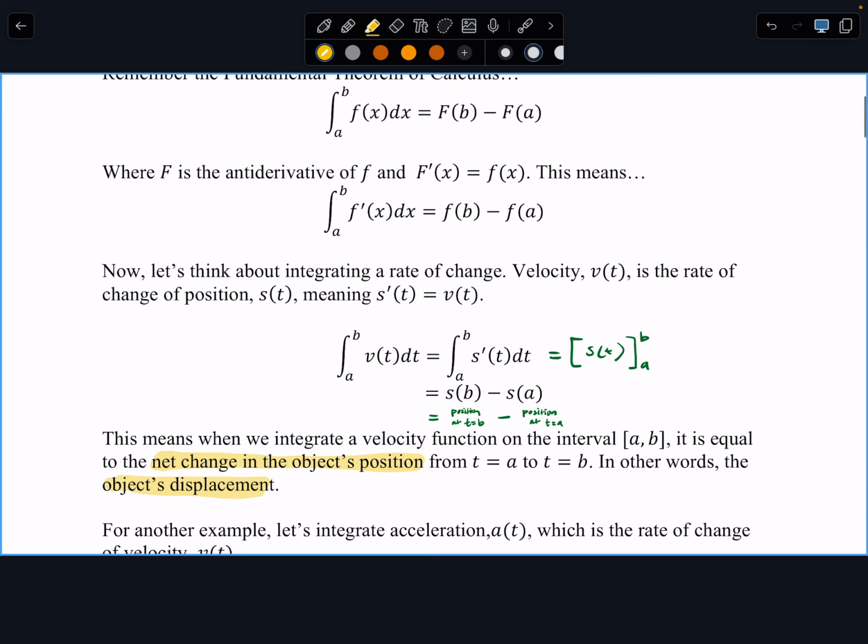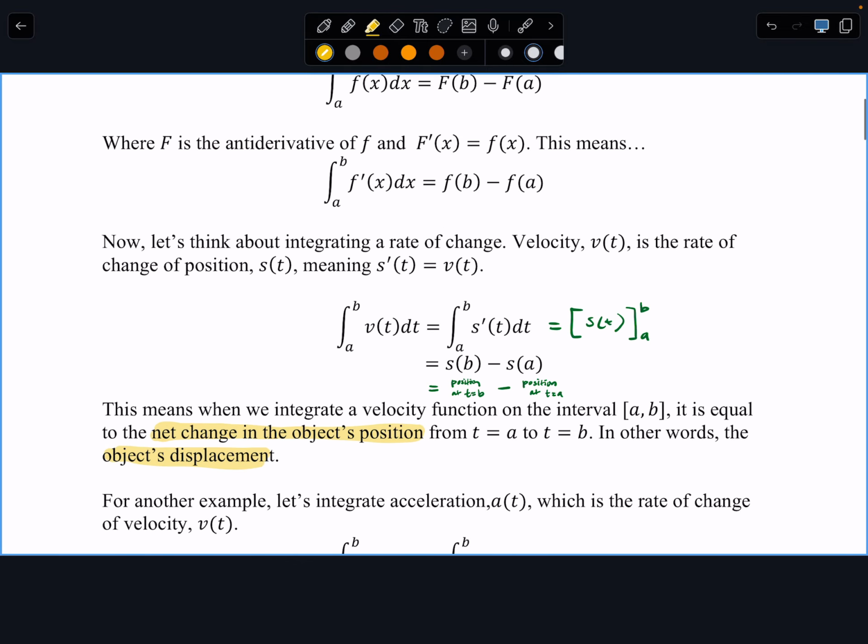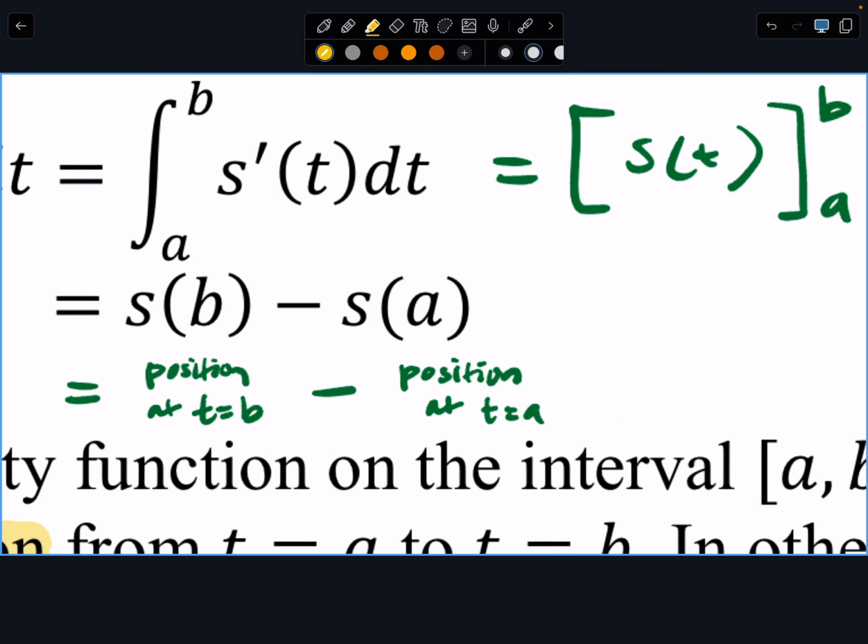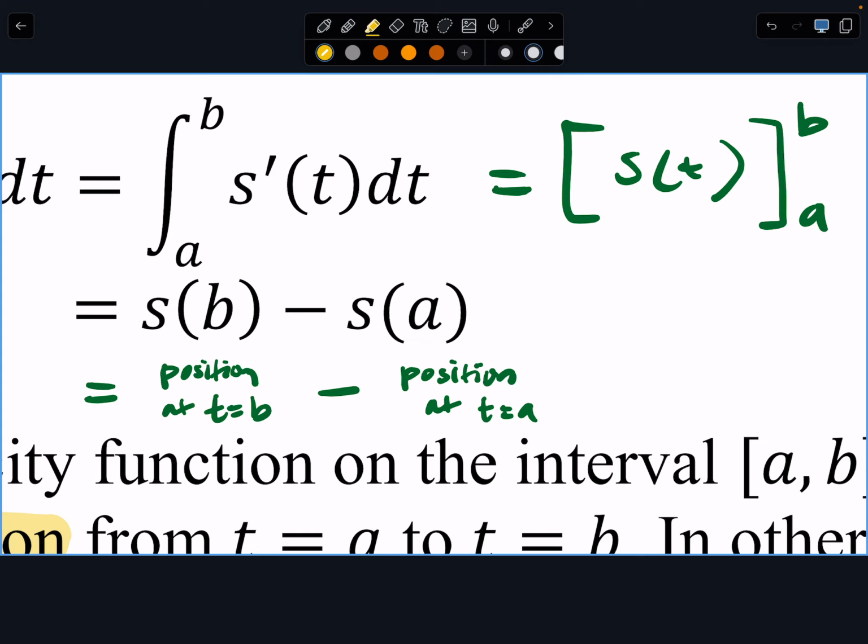In terms of units, if we're talking about a number that represents displacement, the units would be a unit that we use for describing distance, right? And I want to justify this to you.